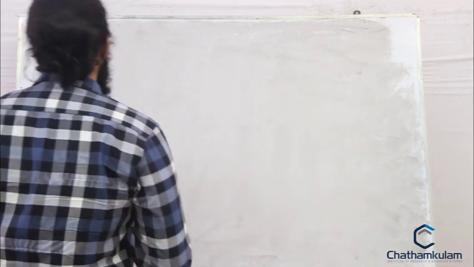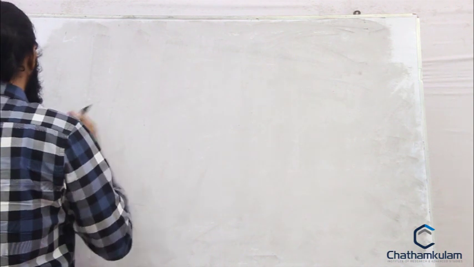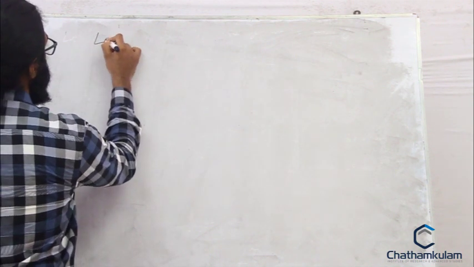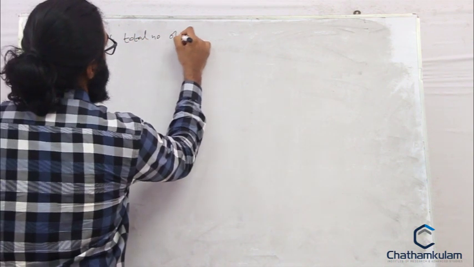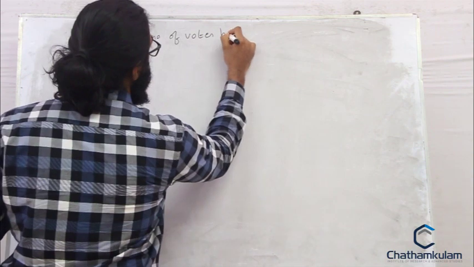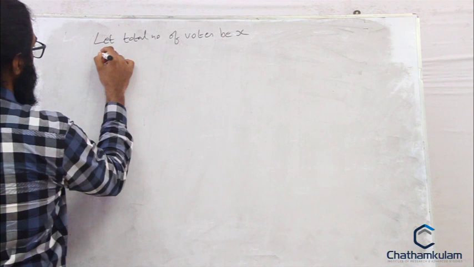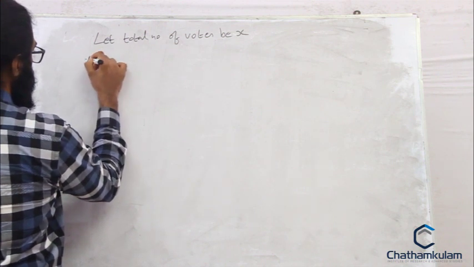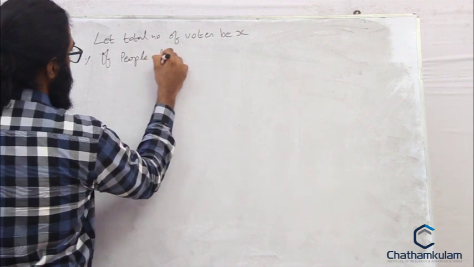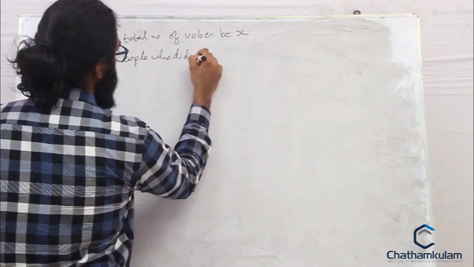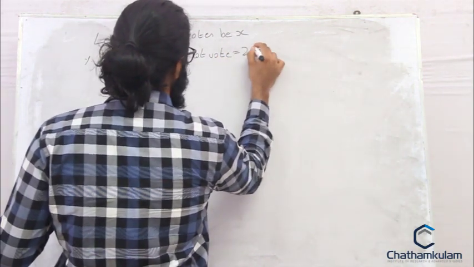We will take it as, say, let the total number of votes be x. The percentage of people who did not vote is given as 25%.